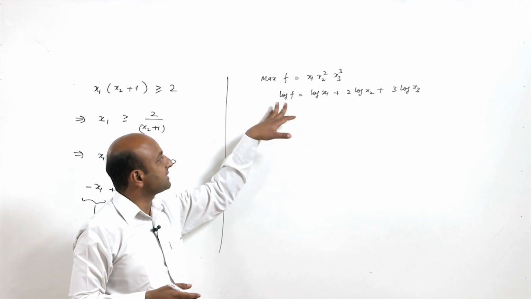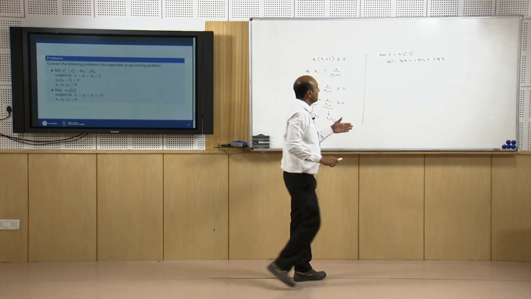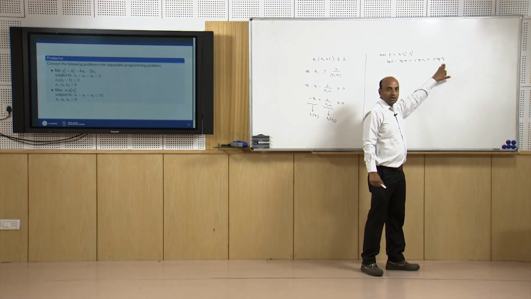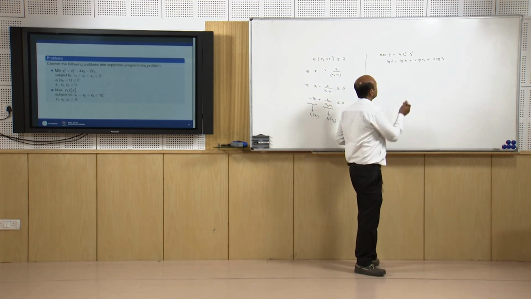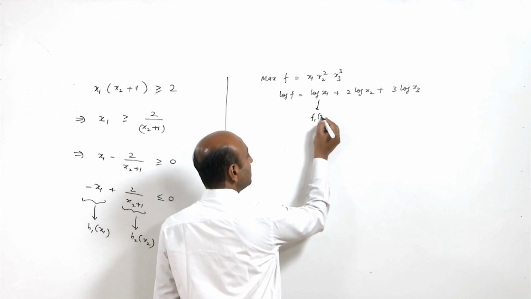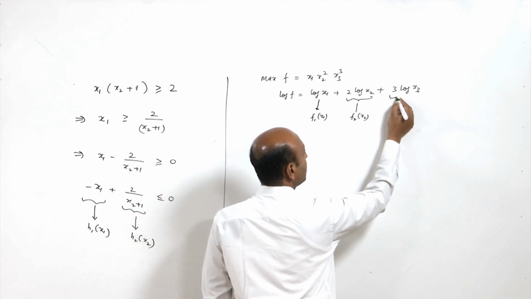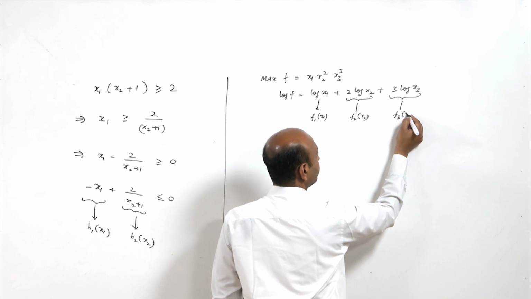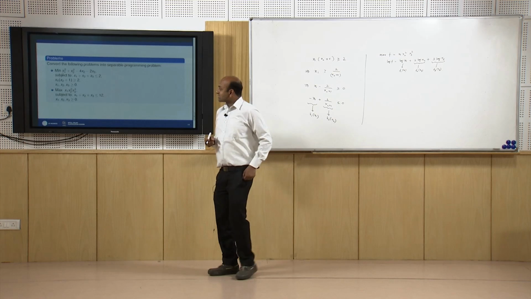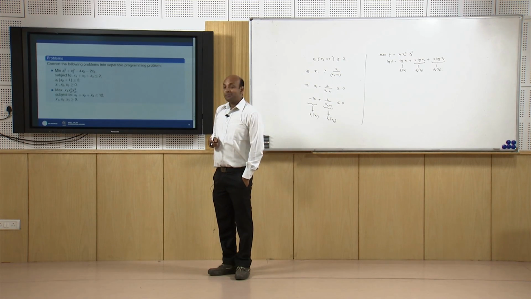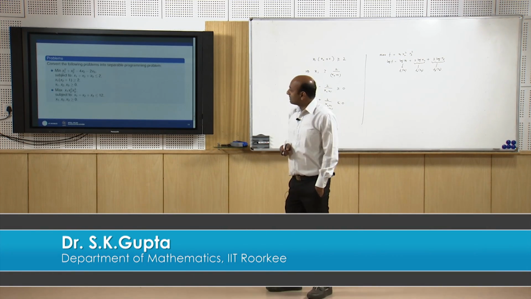which is separable. Maximizing f is the same as maximizing log of f. Okay. So, you can simply maximize this function, which is the same as maximizing log of f. So, now it is separable, it is f1 x1, f2 x2 and f3 x3. Now, x1 x2 x3 can't be 0, because if it is 0, the maximum will be 0.